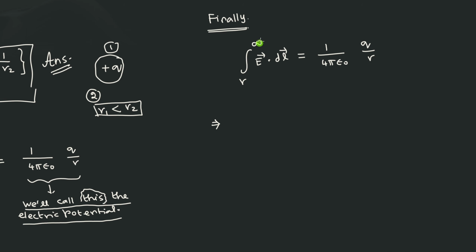This is the lower limit and this is the upper limit. The upper and lower limits can be flipped. However, the value of the integral will not change if you attach a minus sign. So I will put a minus in front of the integral. Now, to compensate for that minus, I will flip the limits.